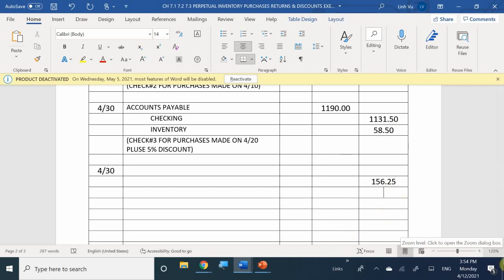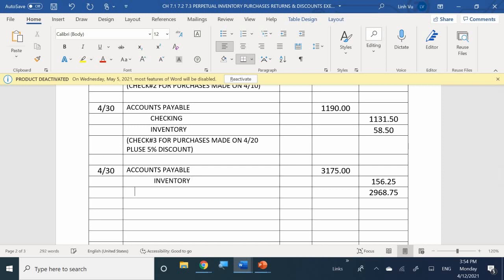So what's the checking amount? 29.68 and 75 cents. Okay, good. All right. So therefore, let me see. What was my total amount that I owed? $31.75. My 5% discount, which I'm taking off from my inventory, was $156.25.